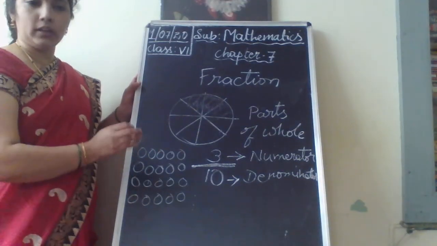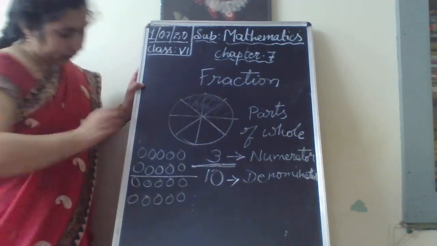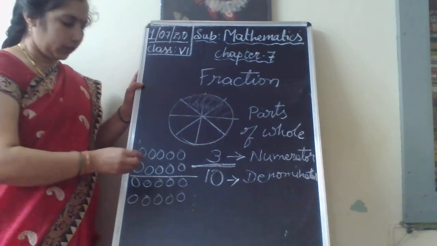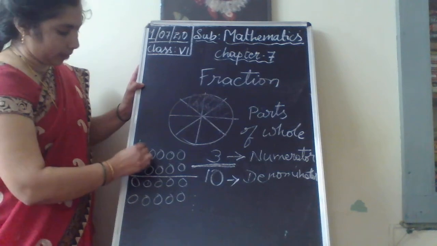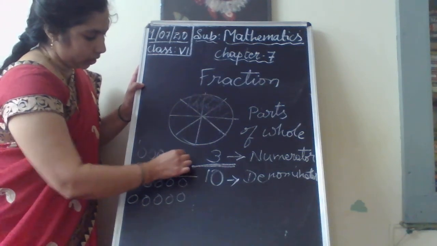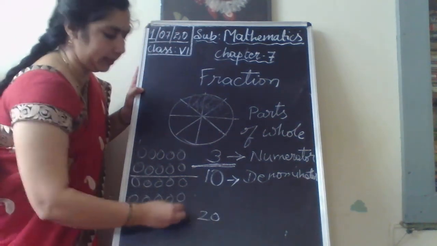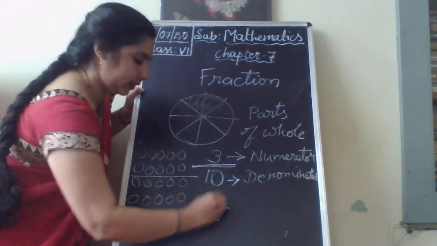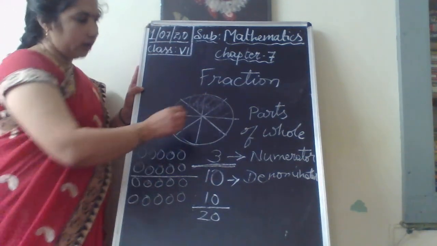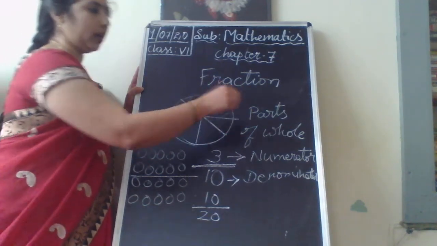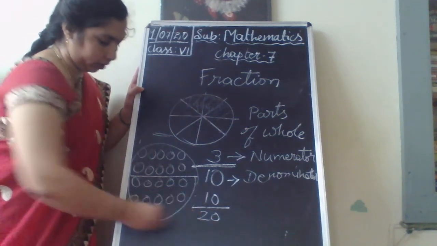So I need to distribute them with an equal number of marbles. Half of this group means each group will get the same number of marbles, that is 10 marbles. So there are 20 marbles, half of this means 10 I have given to one group and 10 to the other group. Fraction means a part of a whole, and the whole may be a whole thing or a group of things.